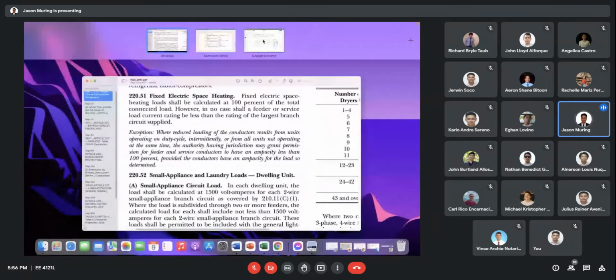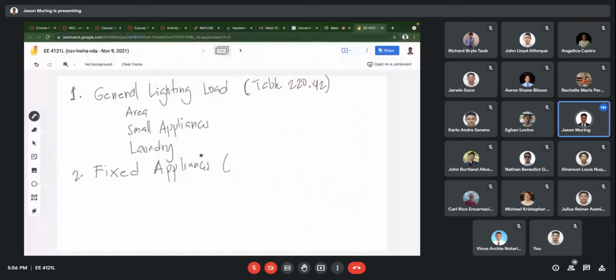Okay, so it goes here now. Meaning, aside from the fixed appliance, we need to have here heating or cooling.